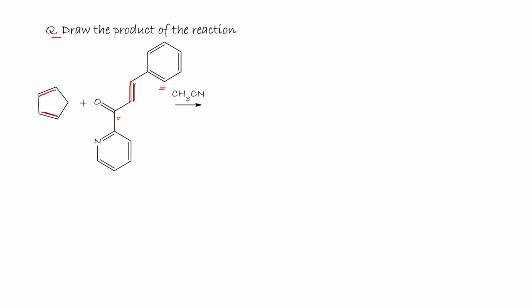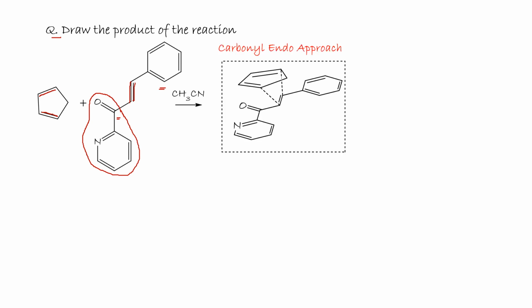This is much more deactivating group, so this one will prefer to be endo in the transition state. The carbonyl endo approach, and the product will be this. Remember that this is inside, this is exo, and this is endo.